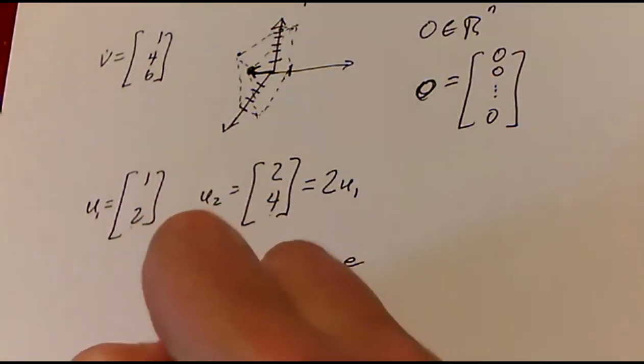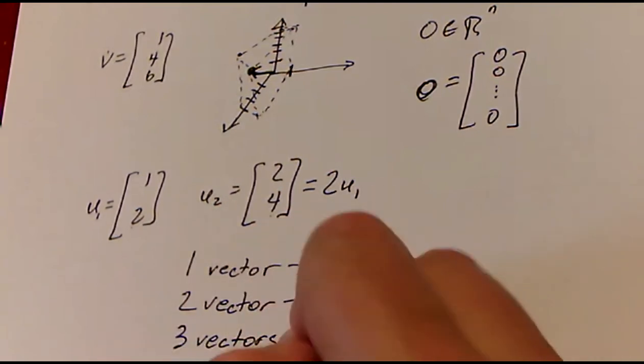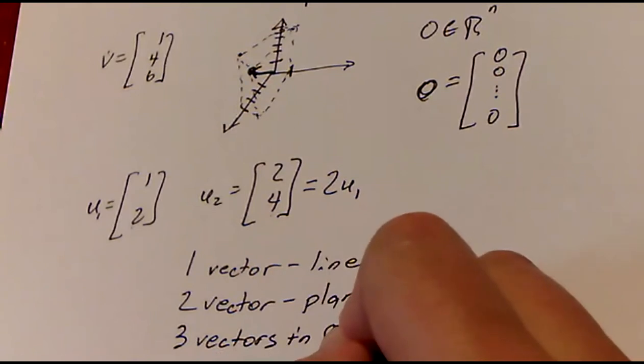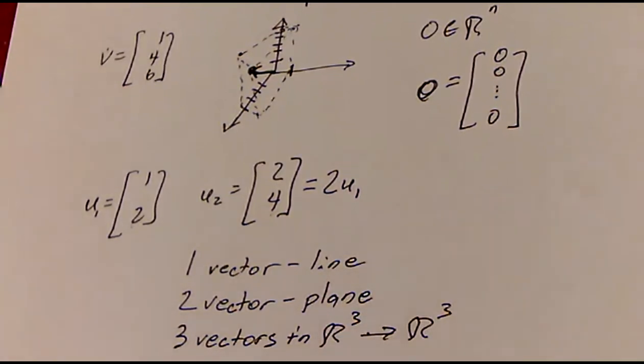Three vectors in R3 is going to be the whole space, all of R3. If I just have two vectors that aren't multiples of each other, remember, if they're multiples of each other, that doesn't give you any new information about your space. Two vectors is just the plane. Three vectors would be a hyperplane if I go up to R4 but only have three vectors.